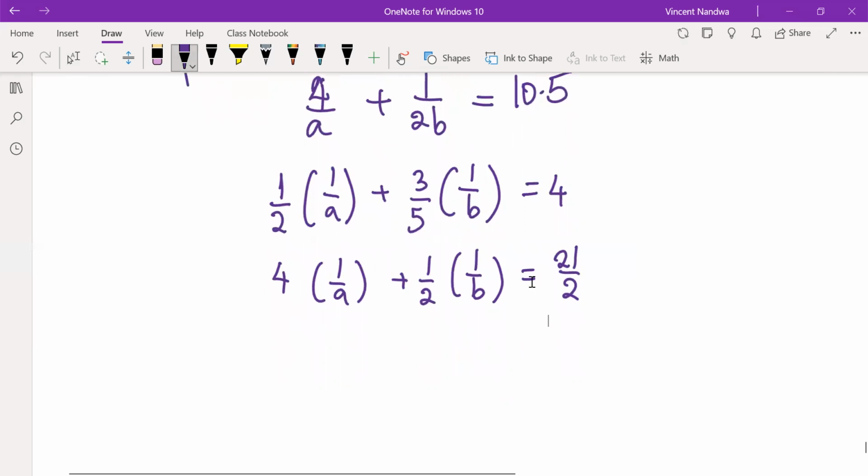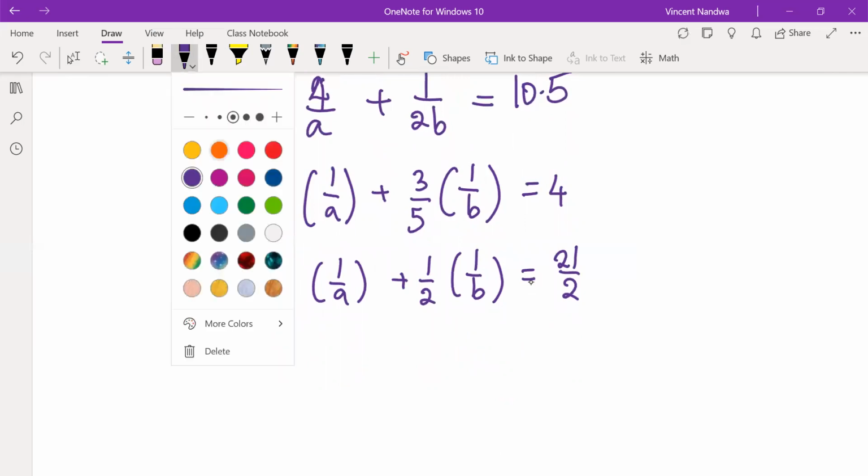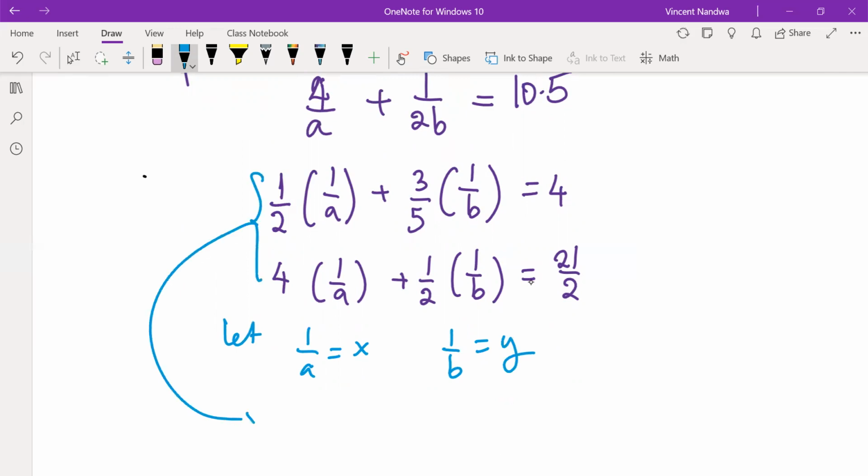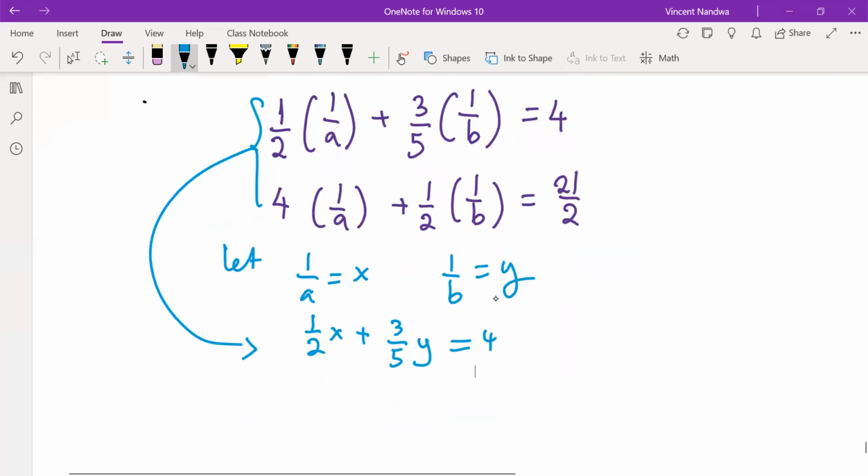And then we can fix this to be, if we let 1 over a be x and 1 over b be y, so these equations will be a half x plus 3 over 5 y equals 4, and we have 4x plus a half y equals 21 over 2.